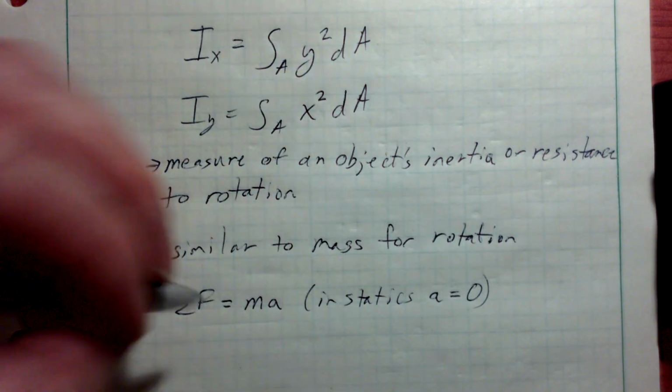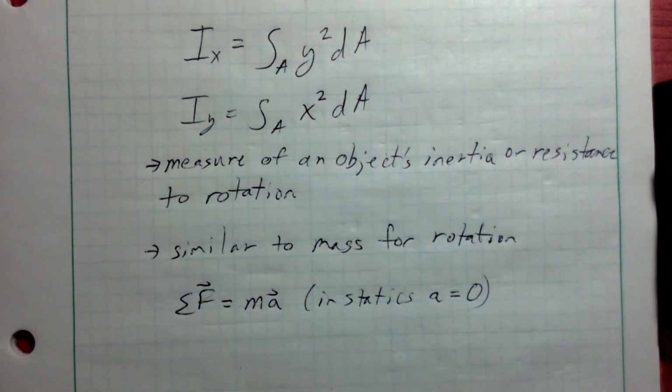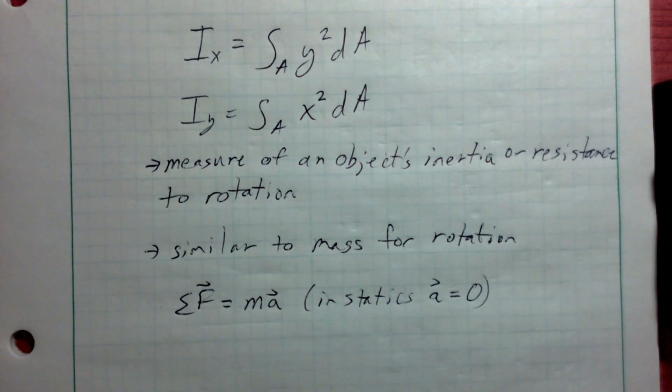Your sum of force vectors is going to equal the mass times the total acceleration applied to an object or a body. And again, in the statics class, we're dealing with equilibrium where things are not accelerating. They're not changing with respect to time.